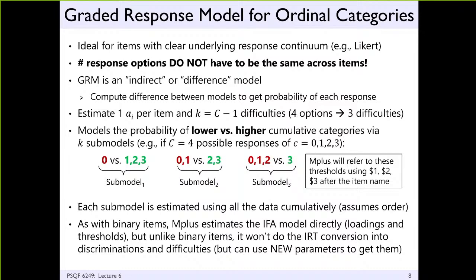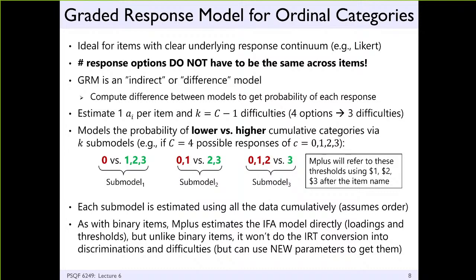Oh, same across items? Same across items is the partial credit model, and that one does the 0 versus 1, 1 versus 2, 2 versus 3 as what it's predicting. Each item gets a different A. That's why A has a sub i.